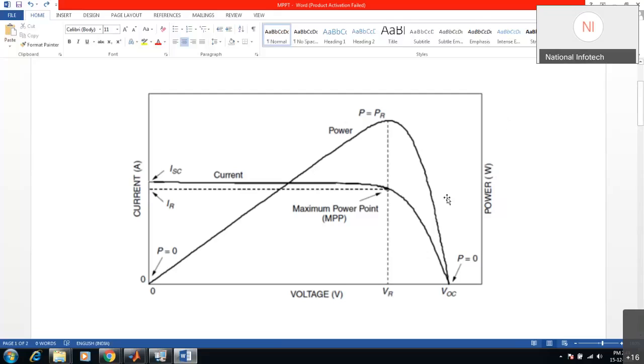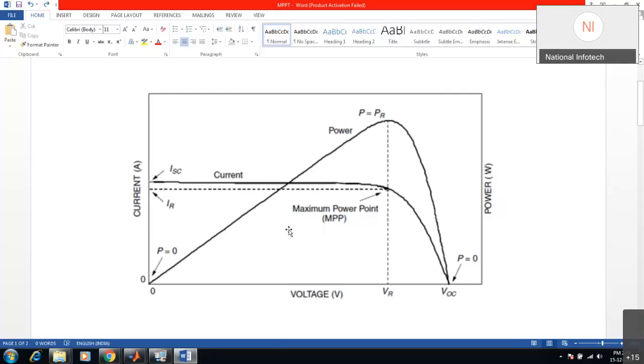Okay, so we all know that with renewable energy sources, whether it is solar or wind, we want to extract the maximum power possible at any given point, any given time.